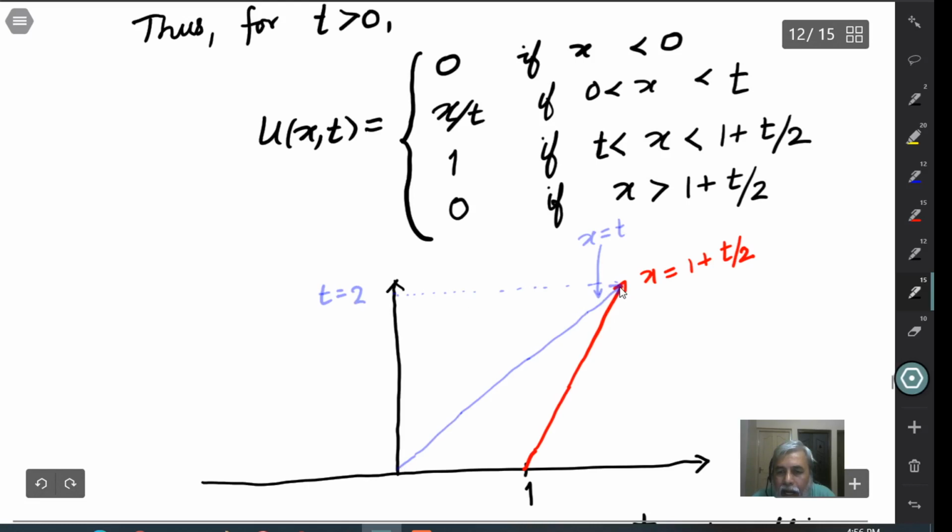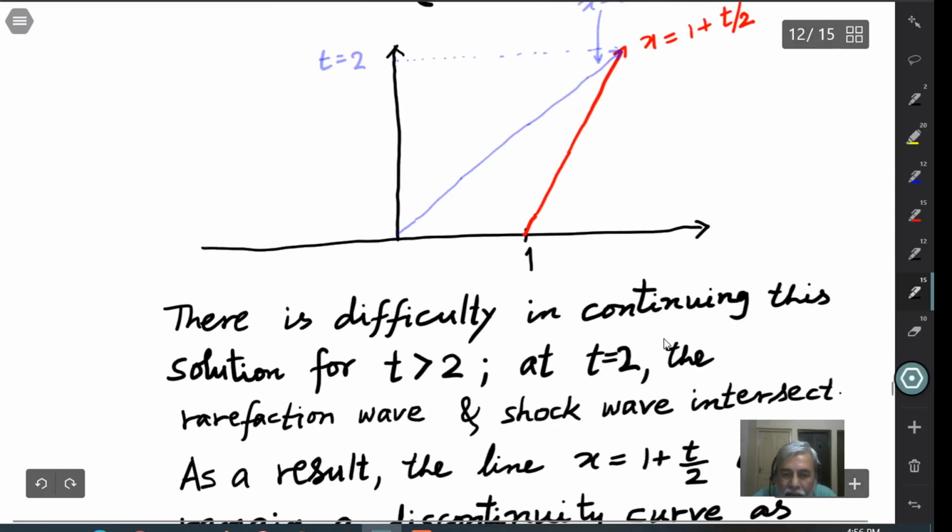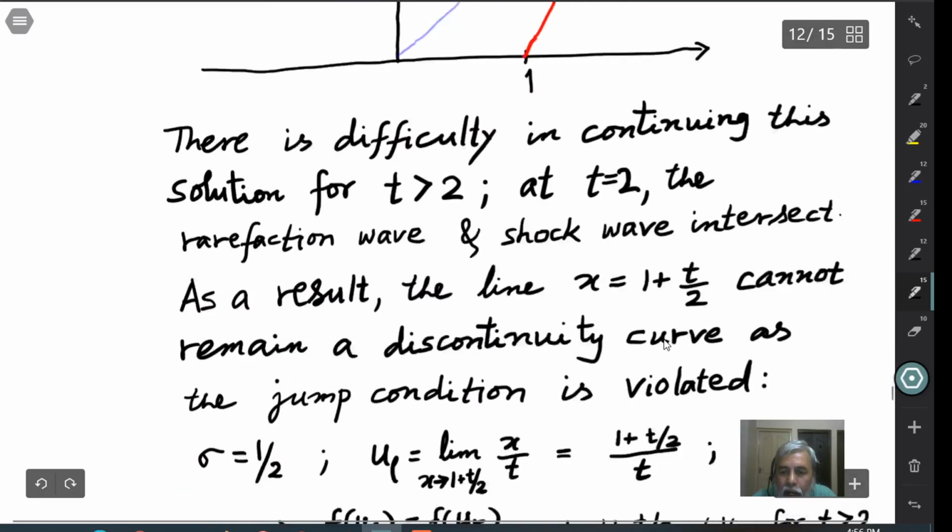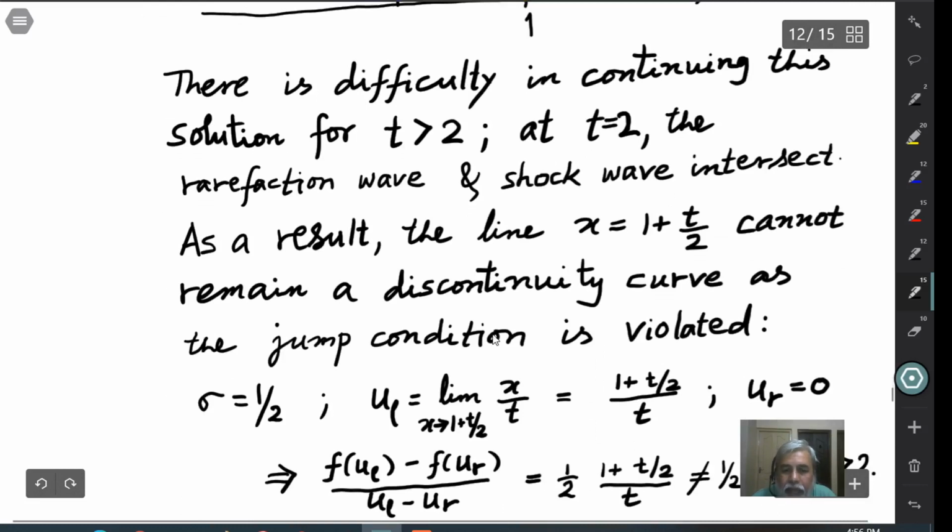And again, it's not possible to continue the solution keeping this x equal to 1 plus t by 2 line as a shock, because that will violate the jump condition.